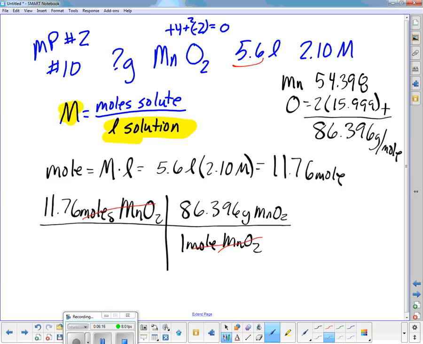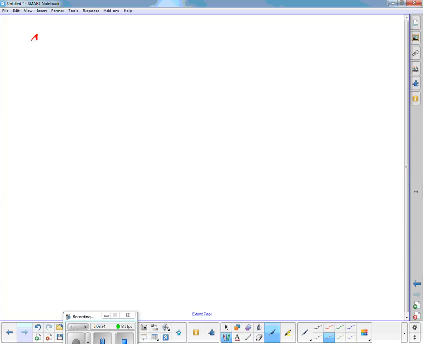Okay, any others that you'd like to go through? Colligative properties. Number what? Number 1? Number 1 is just writing the equation. And that equation basically is the same for number 1 and number 2.